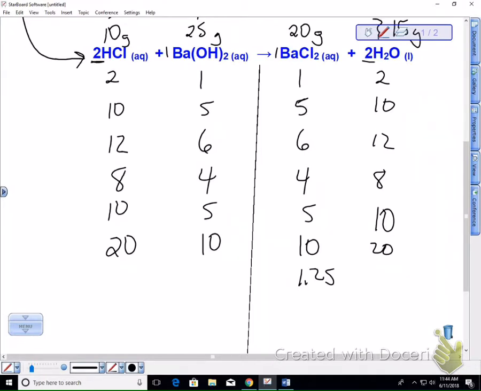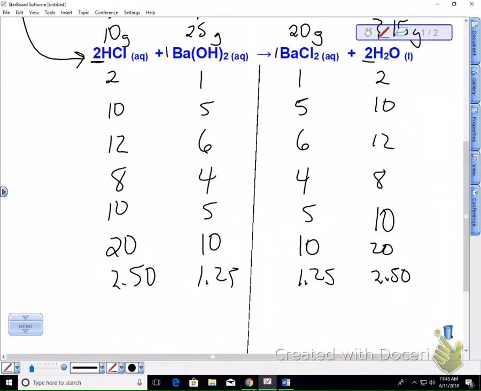I still have 2 waters for every 1 barium chloride, so I would still be able to calculate 2.50. That just gives you a sneak peek at how the math starts becoming trickier as you add decimals to it. But conceptually, it's always this simple.